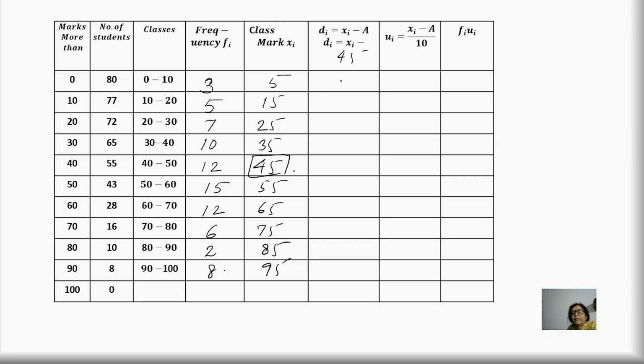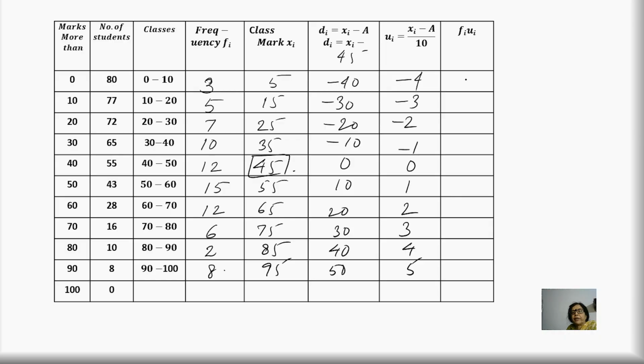So 45, now find the difference. 5 minus 45 is equal to minus 40. This is minus 30, minus 20, minus 10, 0, 10, 20, 30, 40 and 50. Now divide by the class interval, so we get here minus 4, minus 3, minus 2, minus 1, 0, 1, 2, 3, 4 and 5.